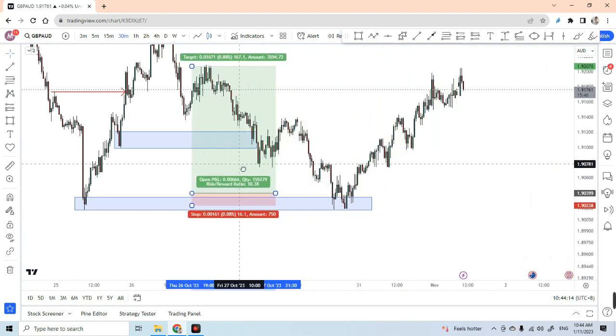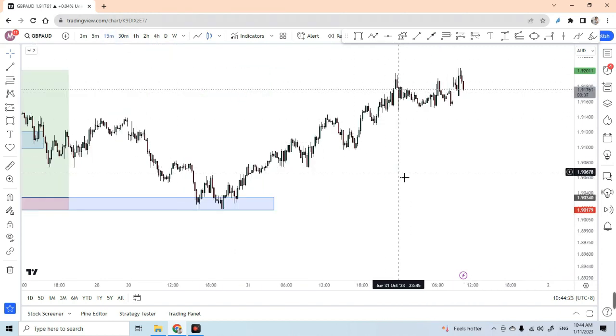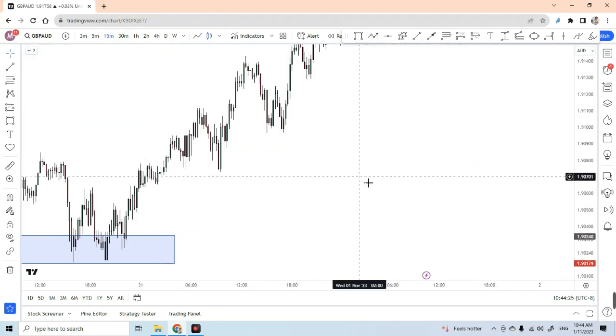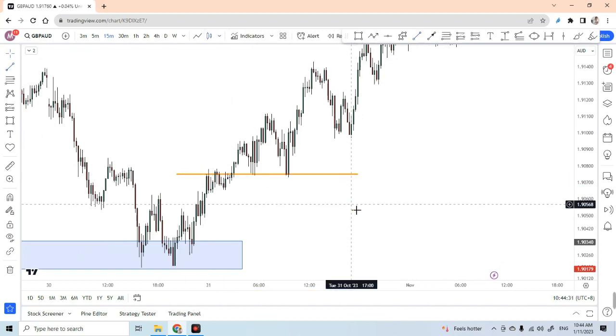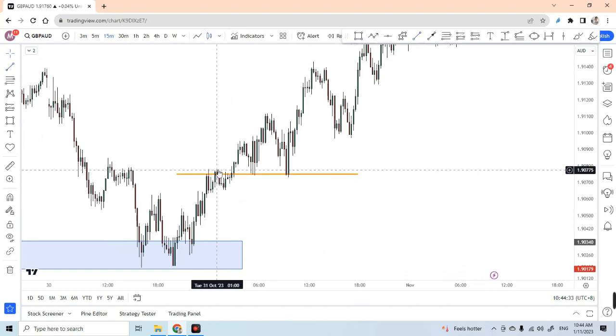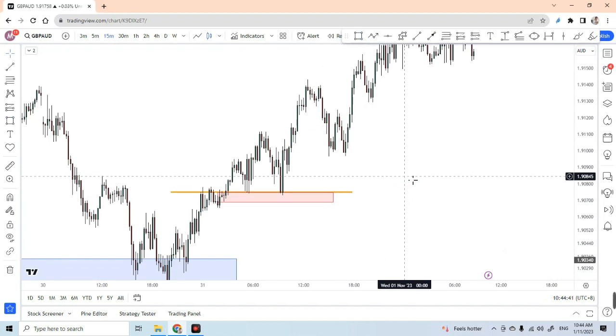There are other setups that push the price upwards. For example, let me go to 15 minutes. If you guys have been following me, you know, this is an RBS kind of movement. What is RBS? Resistance becomes support movement, and he was able to get into the trade again, not once but twice.